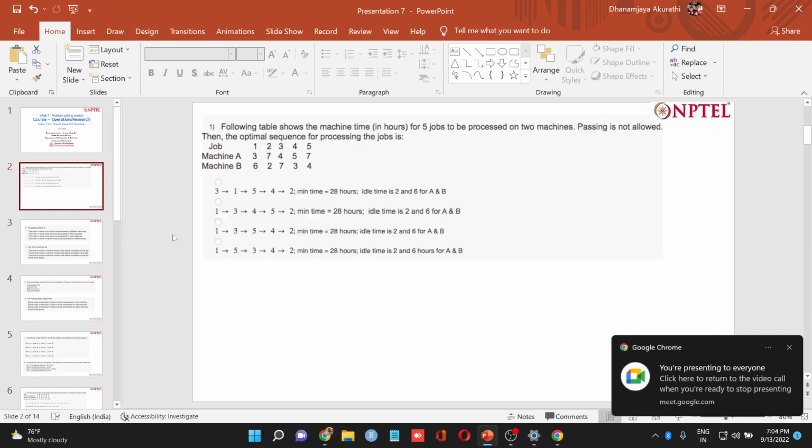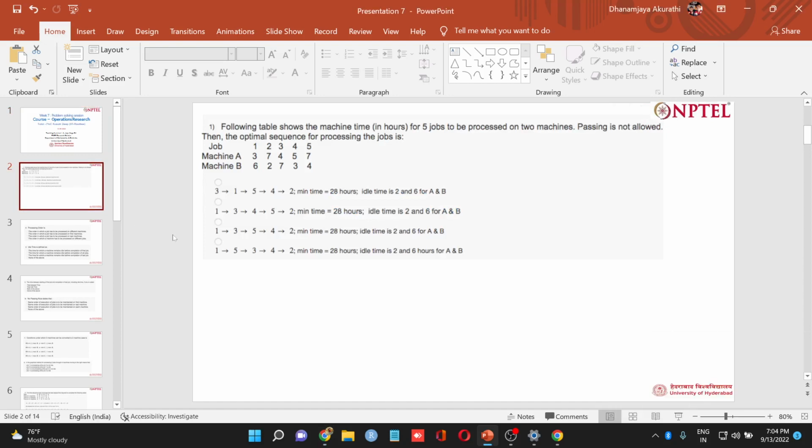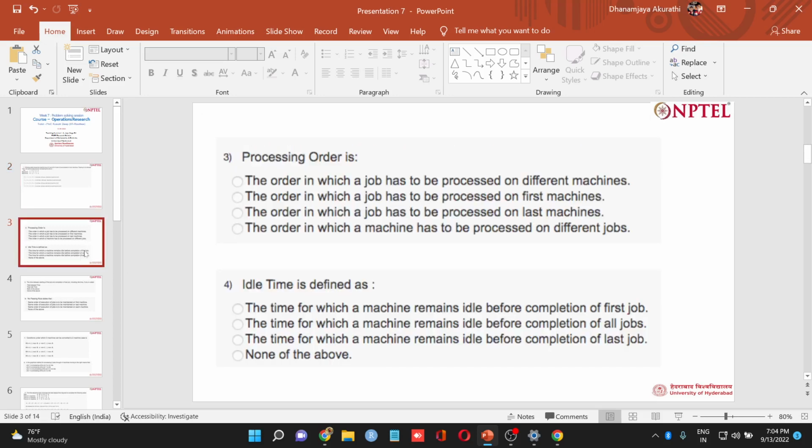First, coming to our problem, which is related to the n jobs and two machines case. Before looking into this problem, let us see some definitions and notations related to sequencing problems.